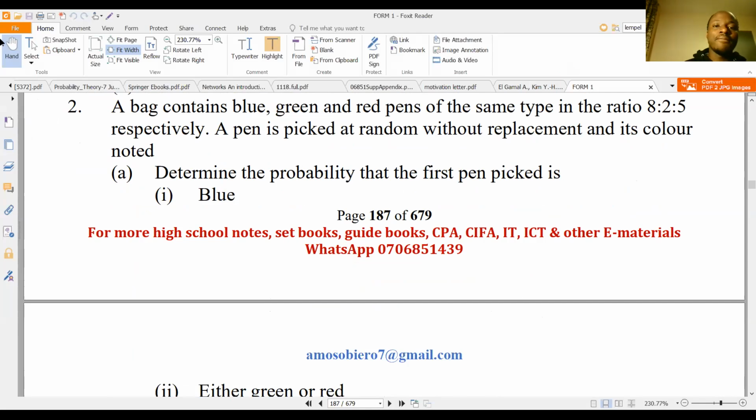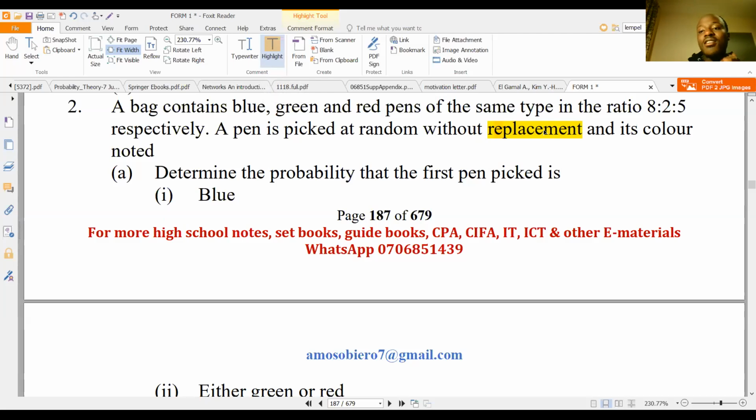So we have a bag that contains blue, green, and red pens of the same type in the ratio 8:2:5 respectively. A pen is picked at random without replacement. Always remember this part, without replacement, is a very important part.